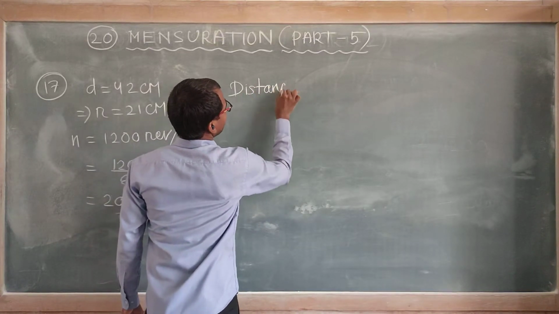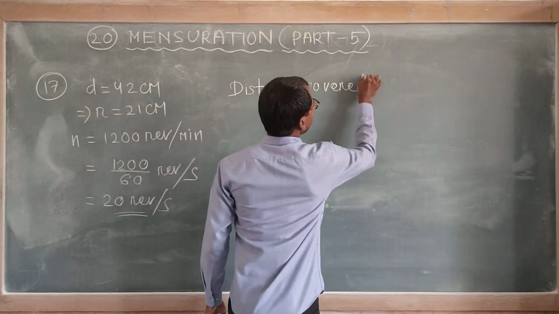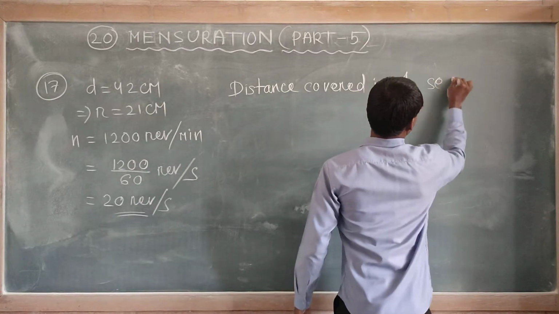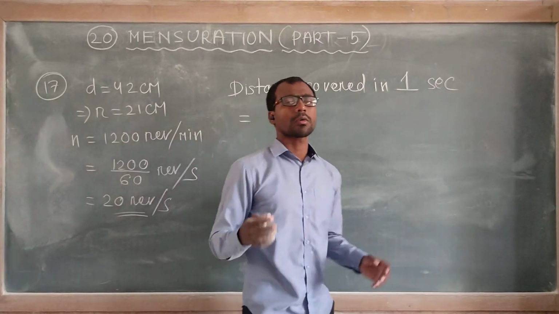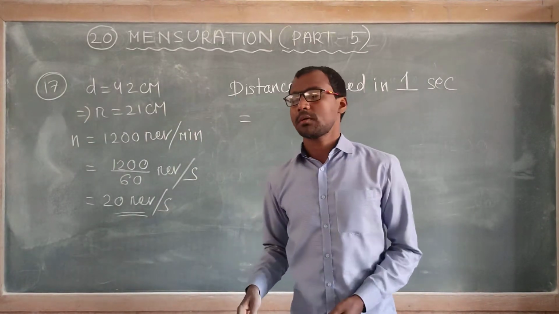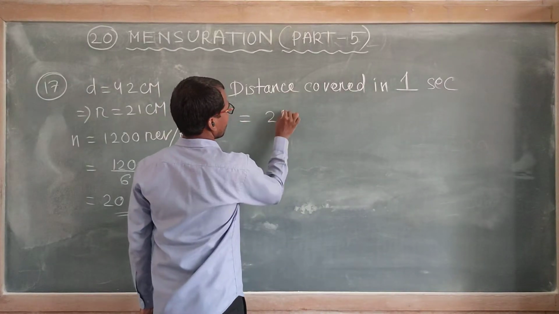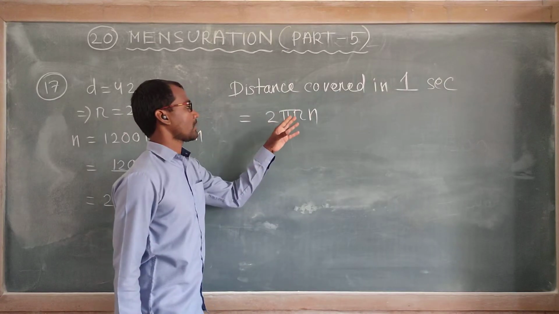Now the distance covered in 1 second. The distance covered by each wheel of the train in 1 second is equal to 2πr by formula, 2 into pi into r into n.